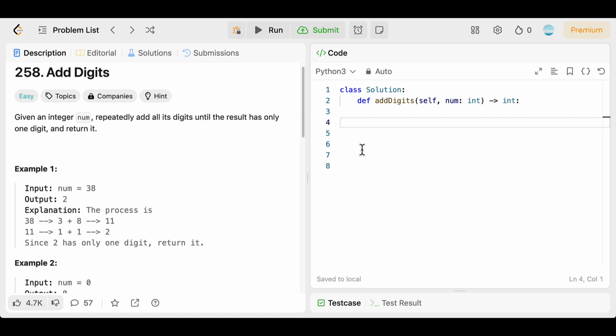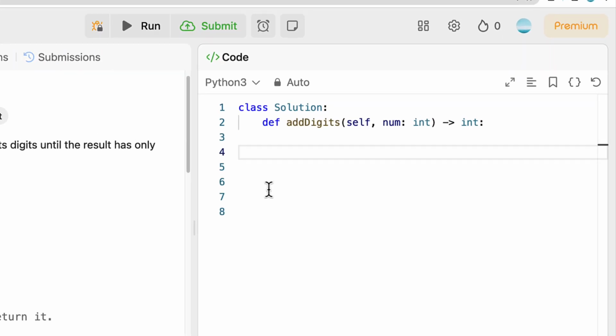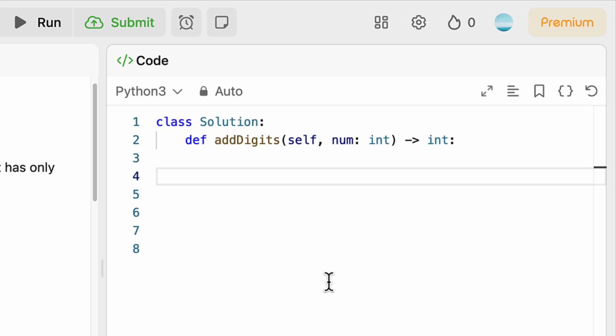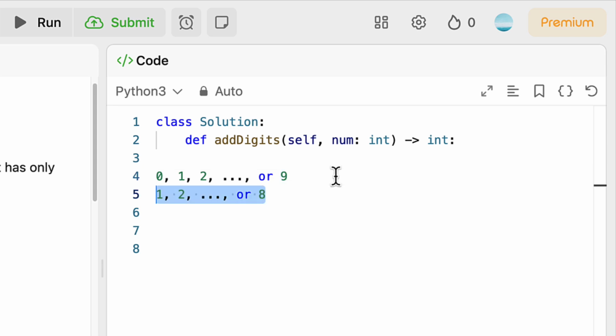Alright, how is it? Let me explain the optimal solution to you now. First, we need to know that the output can only be a unit digit, which means it can only be 0, 1, 2 until 9, right? And let me tell you this, if the output is among 1, 2 until 8, this can be solved within one line of code.